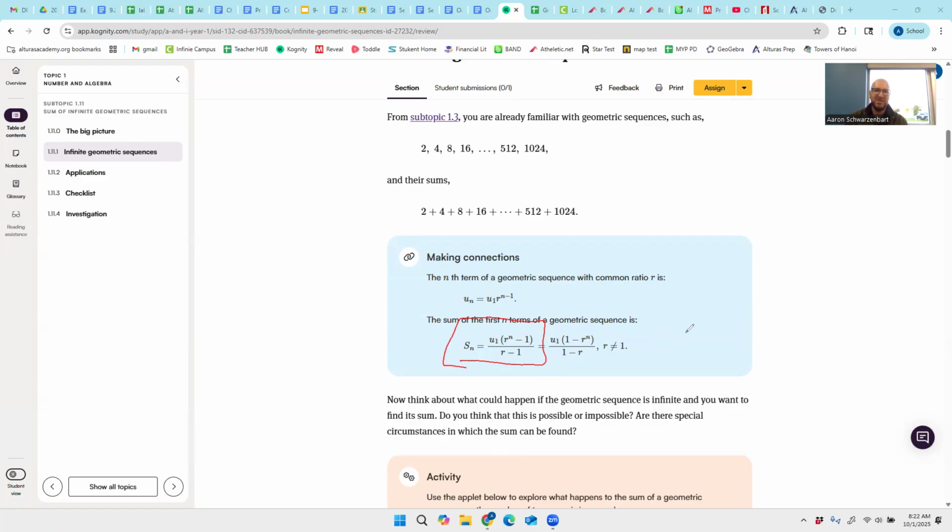If r is less than 1, r to the infinity becomes 0, so 1 minus r to the infinity becomes 1. So this formula for a convergent infinite geometric sequence just becomes that: first term divided by 1 minus the ratio. Very, very simple formula.